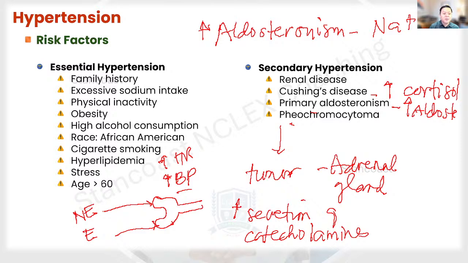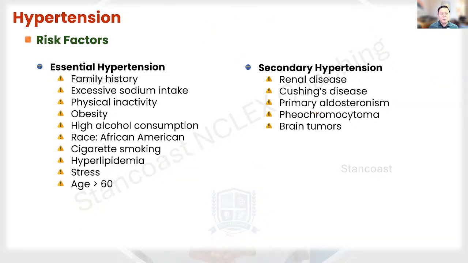So this pheochromocytoma will need to be treated with antihypertensive medications and also with the surgical removal of those diseased adrenal glands. Now, another problem that can contribute to secondary hypertension is brain tumors, which can affect the brain's control center for blood pressure regulation, and yeah, it can derange that function.